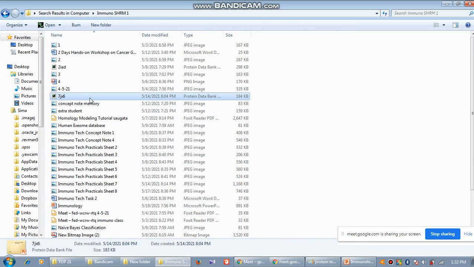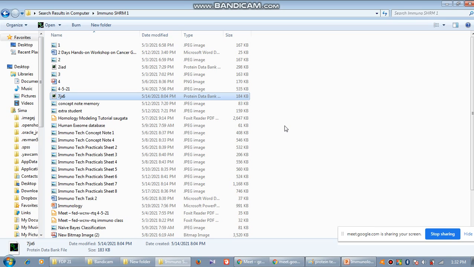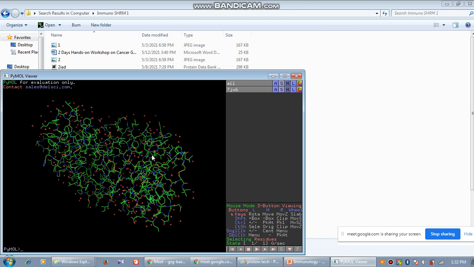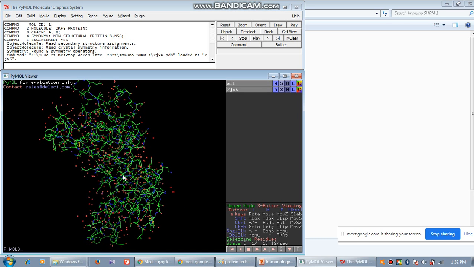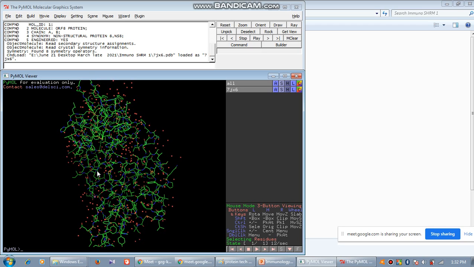Okay, for example, this is an X-ray crystallograph of a protein. How exactly it looks, we can deduce everything.